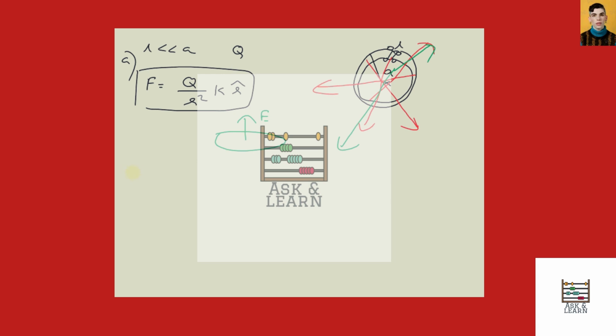Now coming to the next part. What is the magnitude of the electric field at the center of the loop? To determine the magnitude, we can use Gauss's law. In this case, we can consider a cylindrical Gaussian surface that passes through the center of the loop.